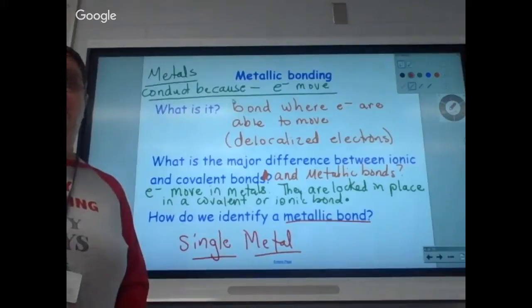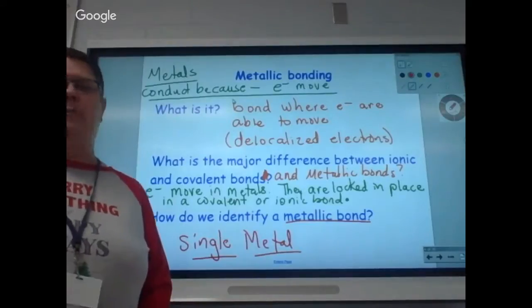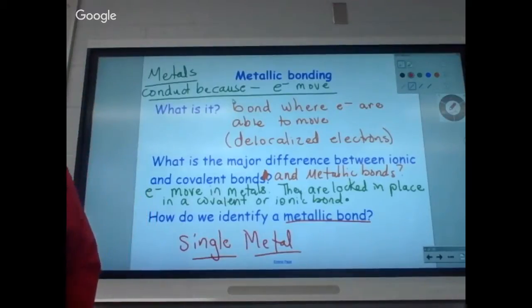It's a combination of metals. They're not going to ask you what sterling silver is made of, all right? Most of you would probably recognize brass, bronze. They're combinations of metals, but they're not going to ask you what it's made of. But for us, it will be a single metal.